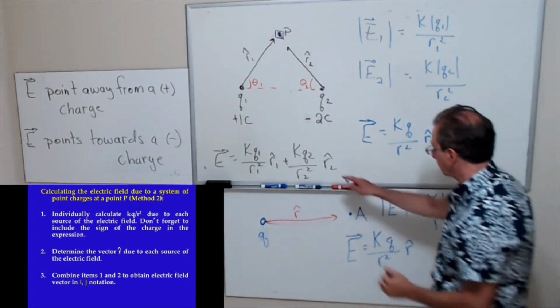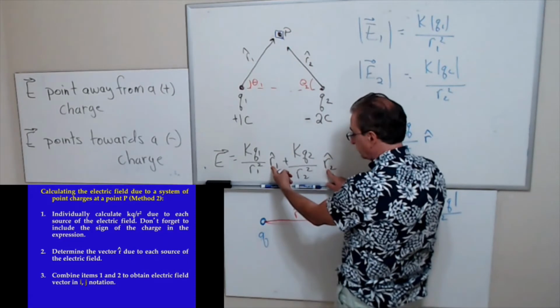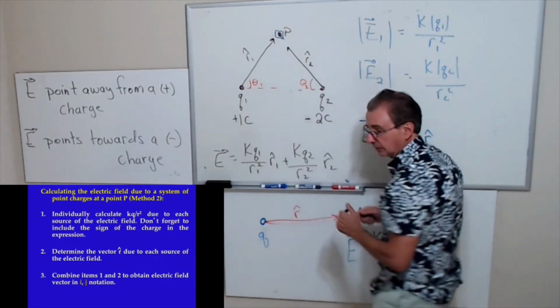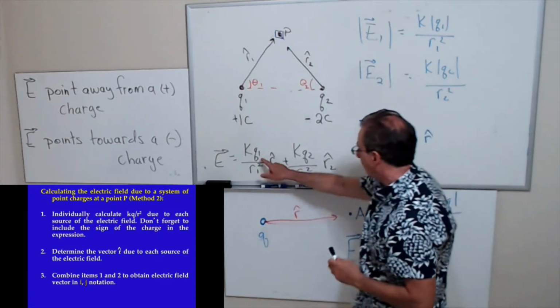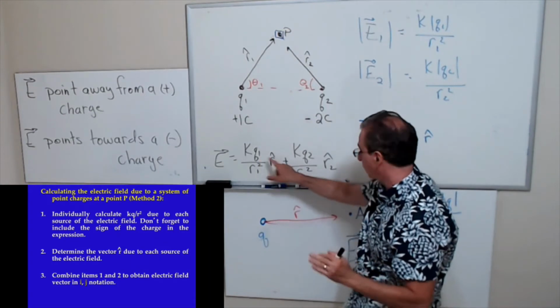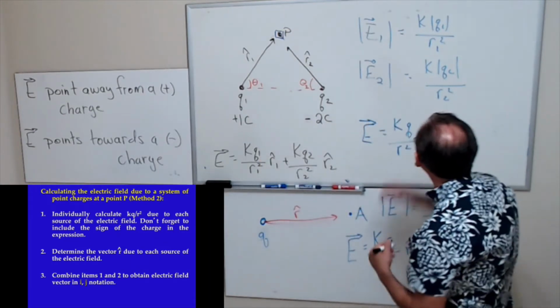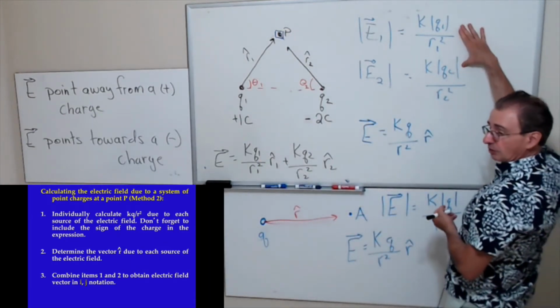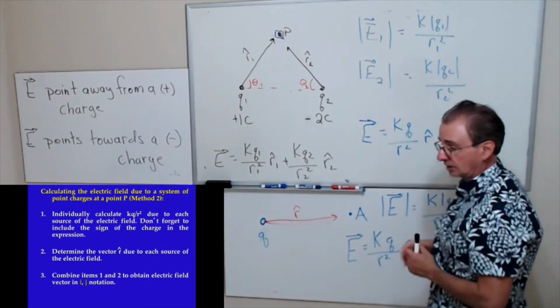That's my total field. I have to put in what the actual expression is for r1 hat and r2 hat. And here I put in the actual value of the charge, whether it's positive or negative. When I do it up here, the first way, I'm just using the magnitude of the charge.